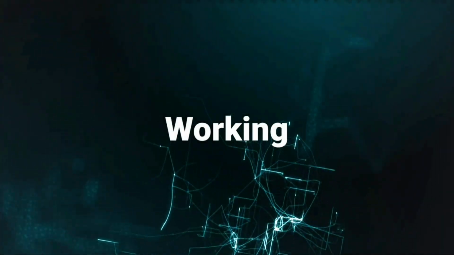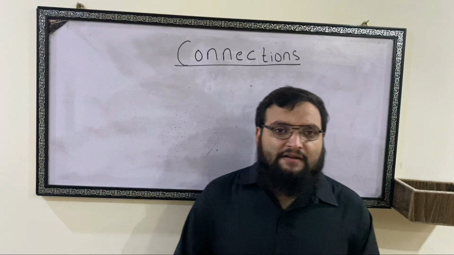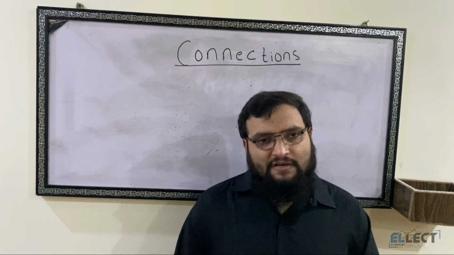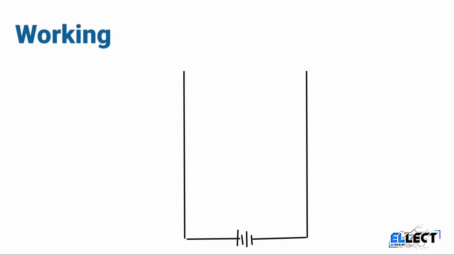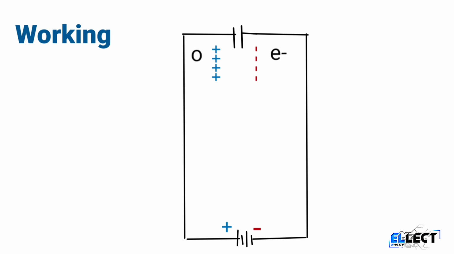Working of a capacitor. A capacitor is made up of two plates separated by an insulator. So we can say there are two plates, one positively charged and the other negatively charged. On the left side of the plate, electrons are present, and on the right side of the plate, holes, that is positive material, are present.